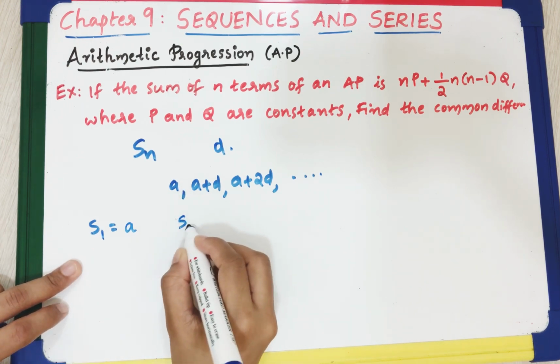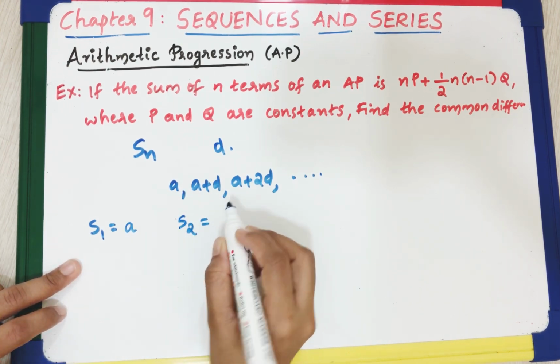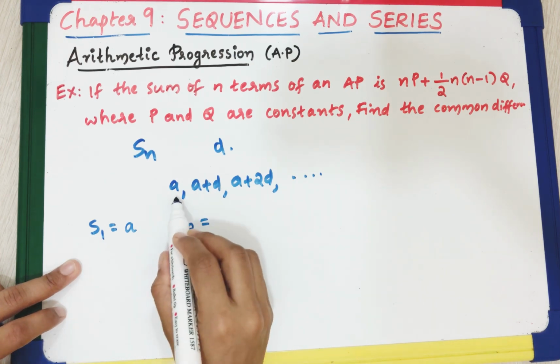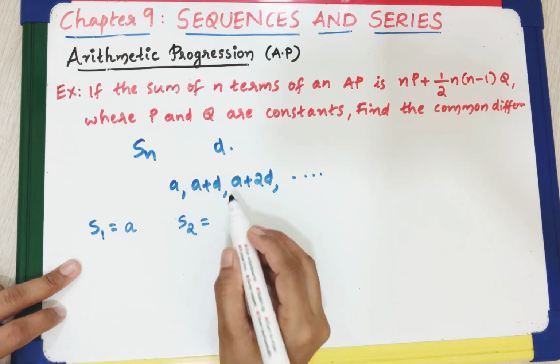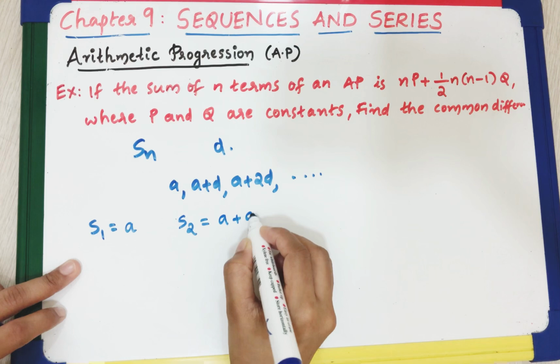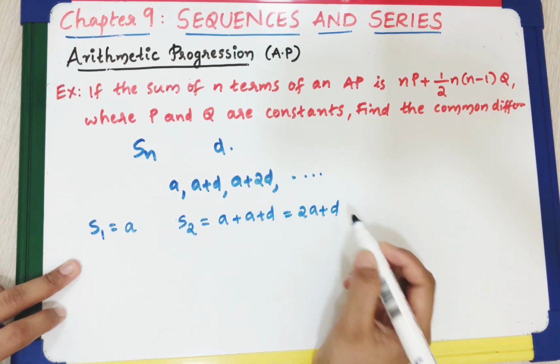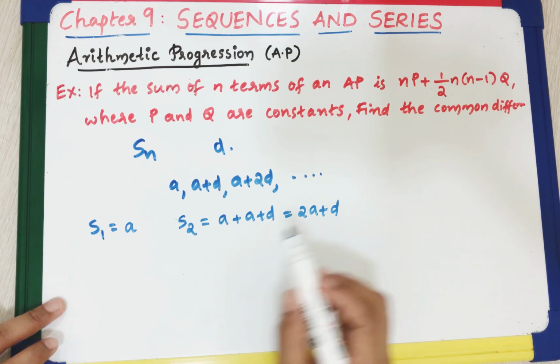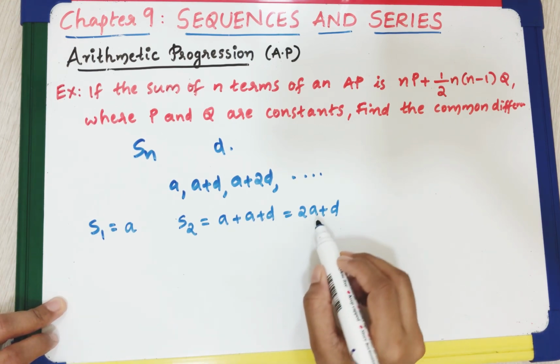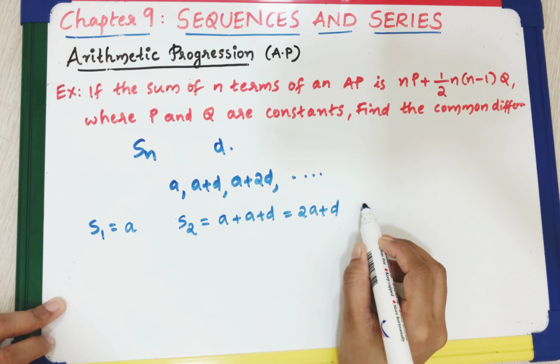Then what is S2? S2 is equal to the first term plus the second term. Sum to two terms, first term plus second term, that is a plus (a plus d), which is equal to 2a plus d. Now, to obtain the common difference, we have 2a plus d minus 2a.